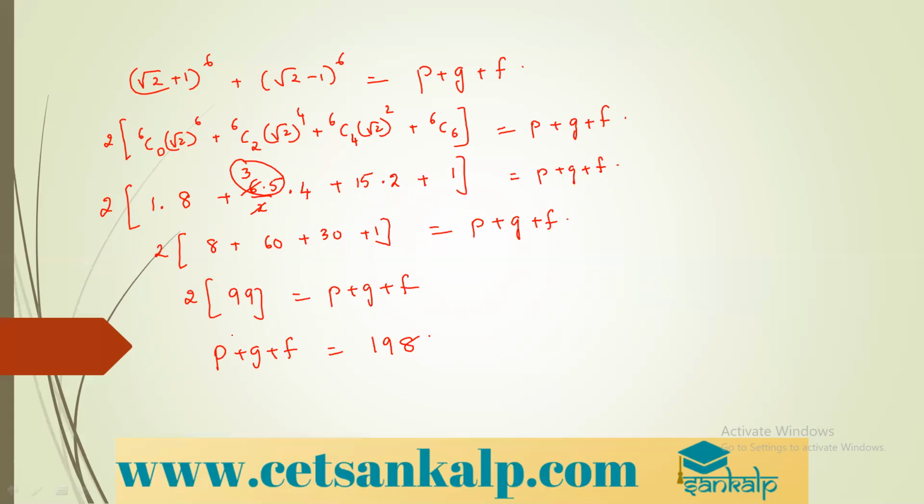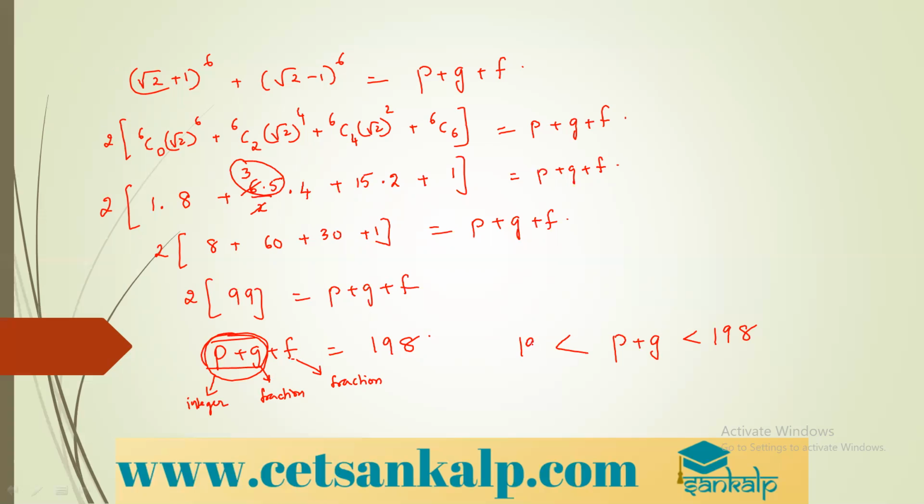But P plus G means this is an integer and this is a fraction. F is also a fraction. So to P plus G, you are adding a fraction and you are getting 198. That means obviously P plus G will be less than 198.